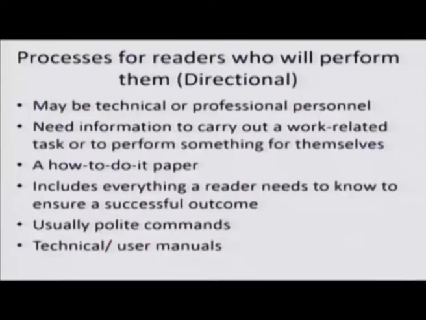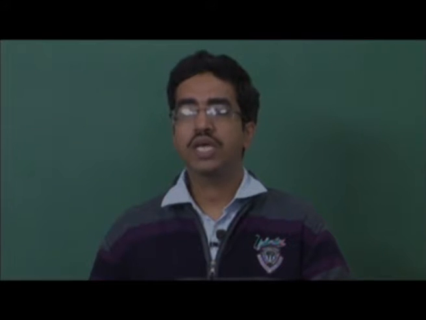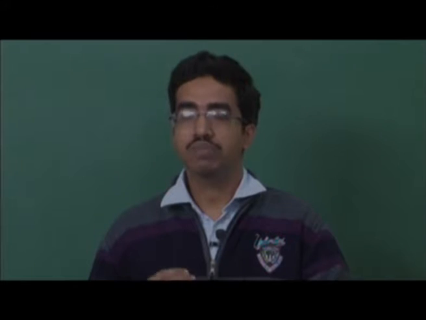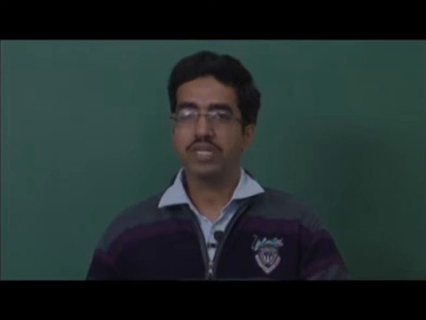Coming to the language part of it, usually you find polite commands, and sentences are short and they mention very specifically what needs to be done and how you can be sure that that particular stage is complete.